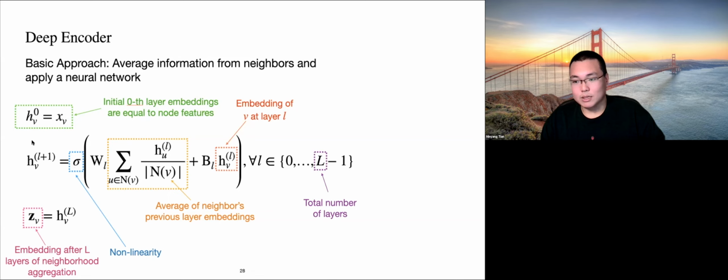It can be several steps up to the final layer. Then we have the embeddings after all of our layers of neighborhood aggregation. So here's the output embedding of the node v.